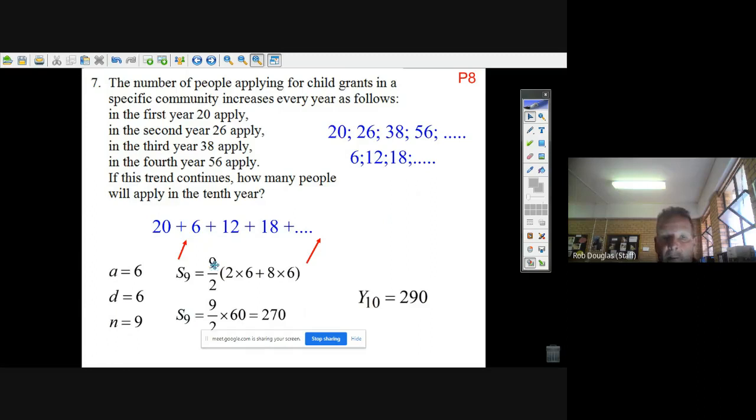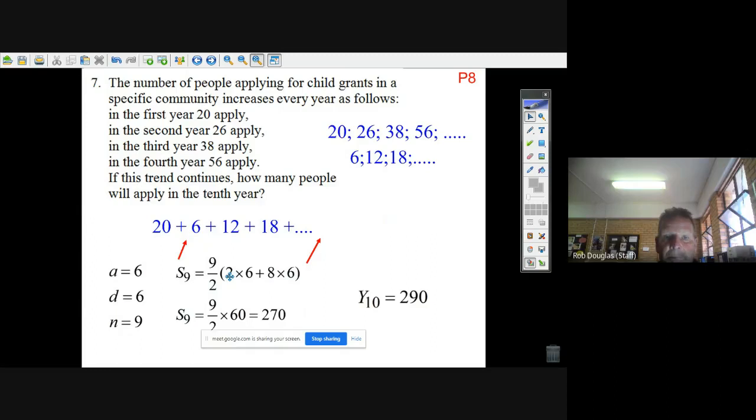So we've got a formula where we go N over 2 times 2A plus N minus 1 times D. So it's 9 over 2 for N over 2. 2 times A is 2 times 6, because A is 6. N minus 1 is 9 minus 1 is 8, and times the common difference, which is 6. Well, there you go.